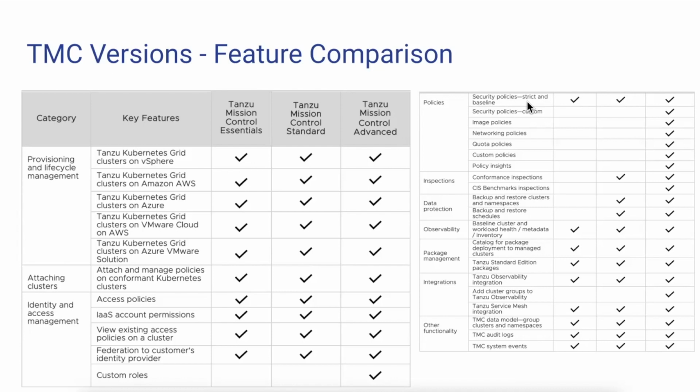Whereas in Tanzu Mission Control Essential, there are more limitations. You cannot do conformance, you cannot do data protection. So this is how they are categorized, right? In order to take the benefit of all the features of TMC, obviously, Tanzu Mission Control Advanced is going to help you.